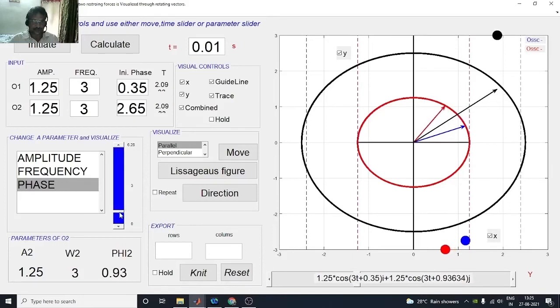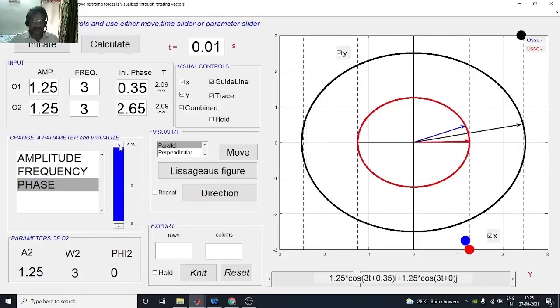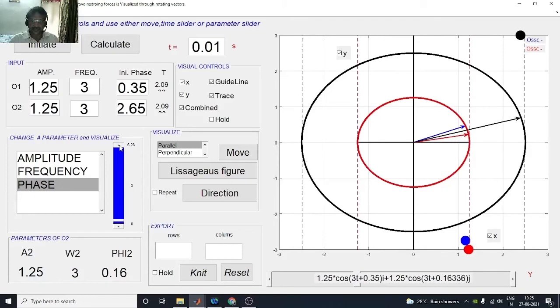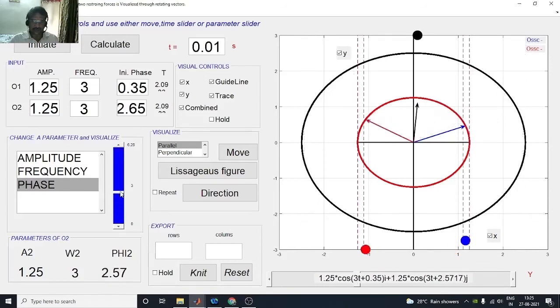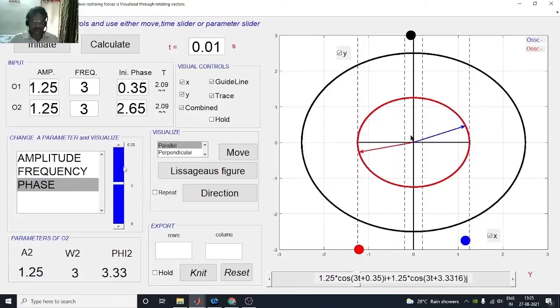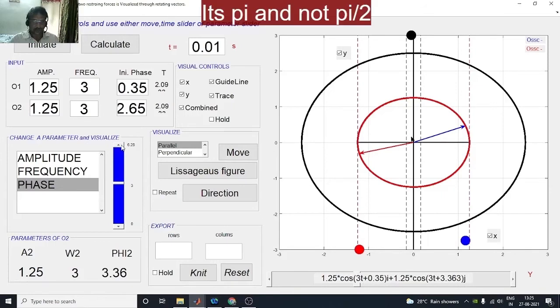Or first let us go to here and then start from the beginning. The initial phase of the second oscillator is being changed. See, we are almost reaching pi by 2. That is, both should be directed. This is the amplitude. It is very, very small.